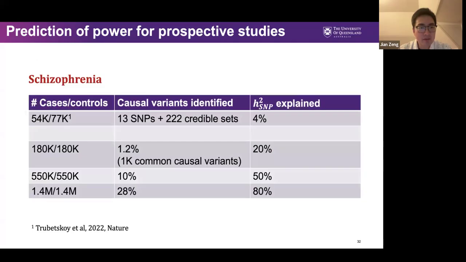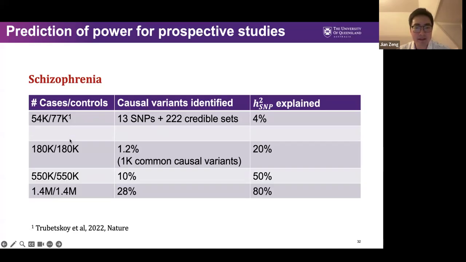This table summarizes our prediction for schizophrenia when the sample size further increases. So this is where we are in the first line with the 54,000 cases and 77,000 controls. We can identify more than 200 credible sets, and they altogether explain only 4% of the heritability.